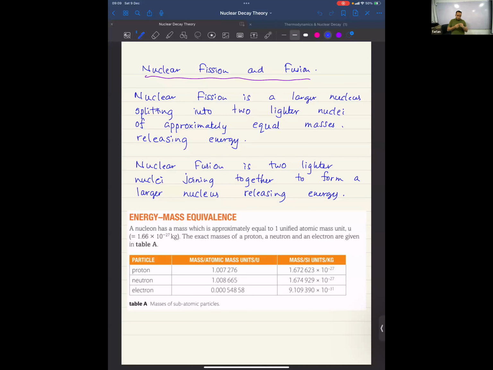And below that, nuclear fusion is two lighter nuclei joining together to form a larger nucleus, releasing energy. Okay.